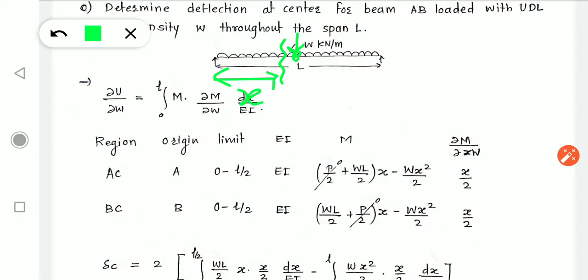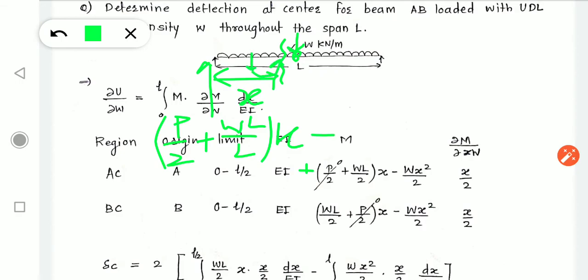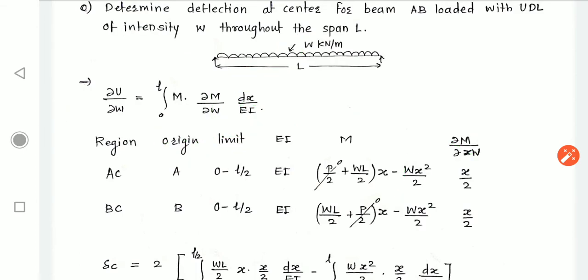That moment will be the reaction at A, that is P/2 plus WL/2, into x, that is making a clockwise moment, therefore taken positive. Then the downward UDL makes an anti-clockwise moment, therefore minus W into x by 2, which gives us Wx²/2.